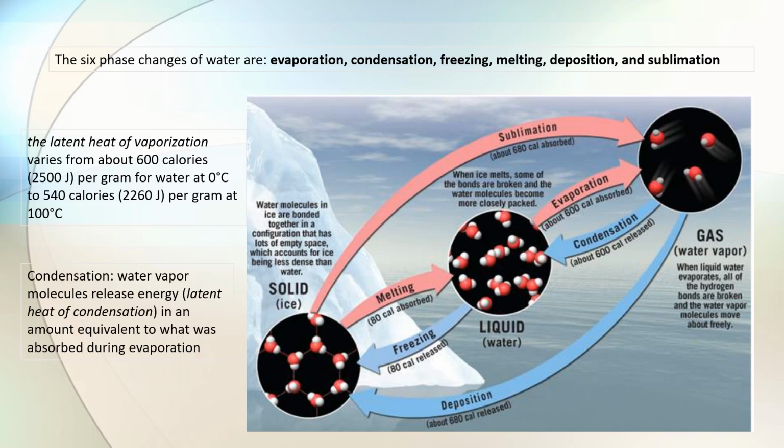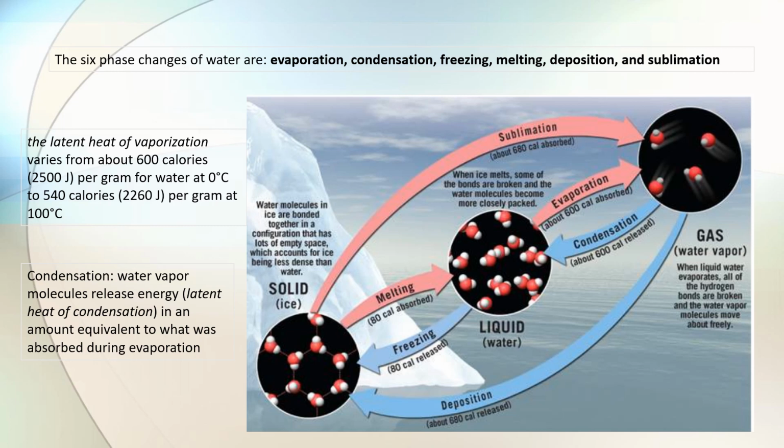And for condensation, the water vapor molecules release energy. That's what we call the latent heat of condensation. So everything is just latent heat, but each phase change has its own latent heat involved.